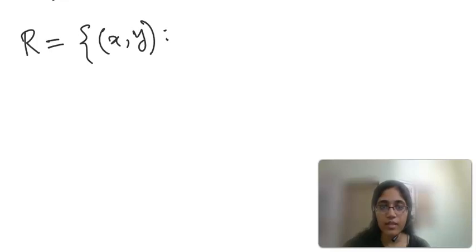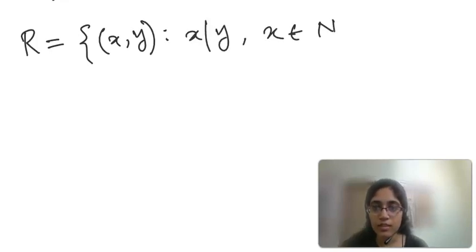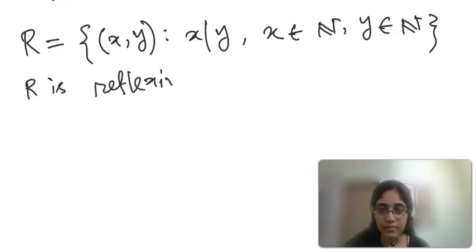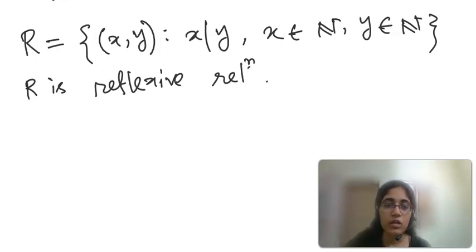Now consider an example. Suppose R is a relation that is defined as (x, y) such that x divides y, where x belongs to N and y belongs to N. N is the set of natural numbers. Then R is a reflexive relation. Why? Because for each natural number, that natural number divides itself.